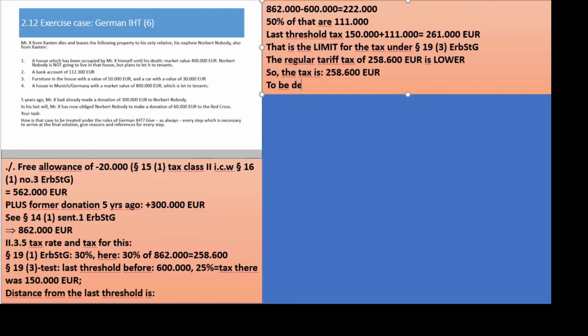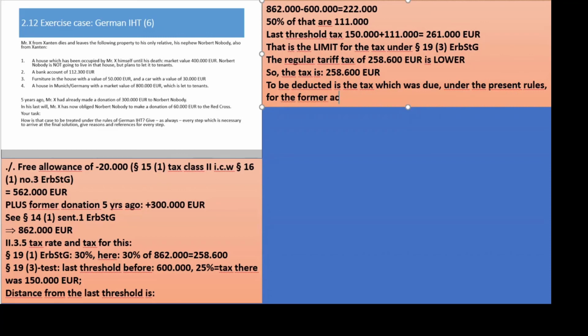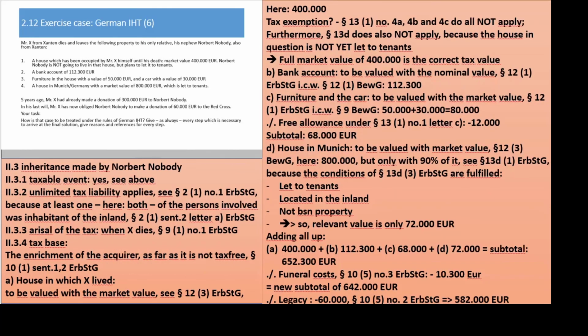To be deducted is the tax which was due under the present rules for the former acquisition. That had been, let's look it up. What was the former acquisition? Let's look it up.